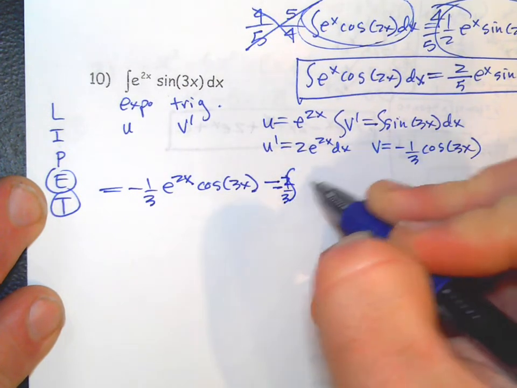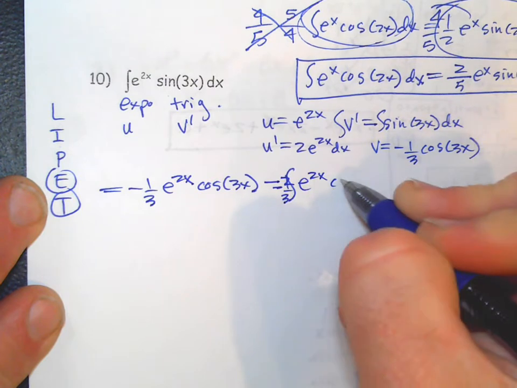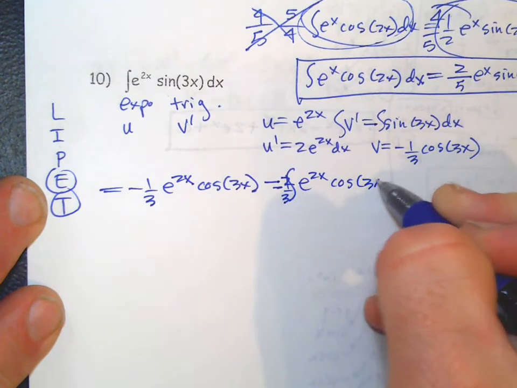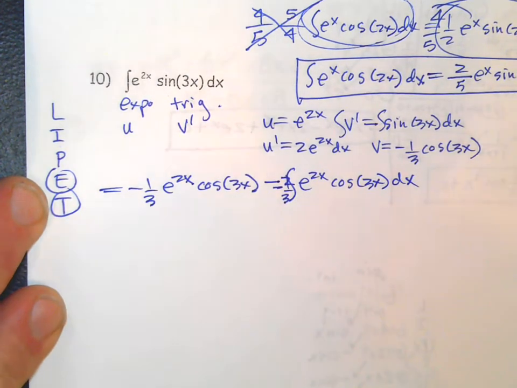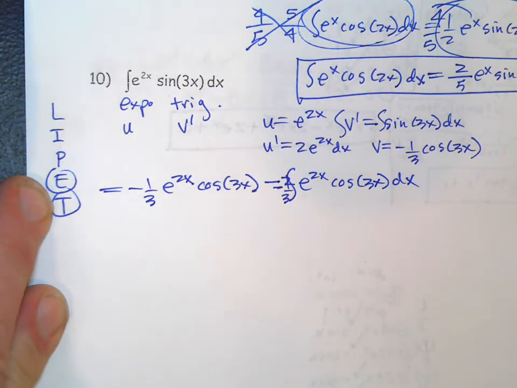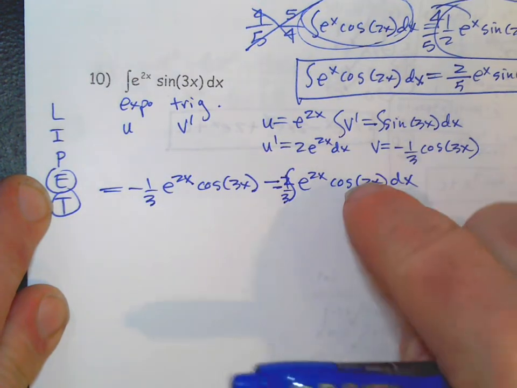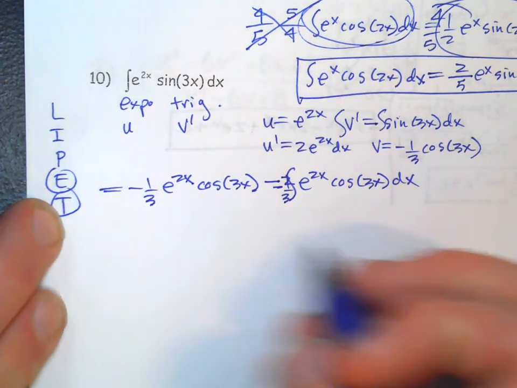I'm actually going to put 2/3 e to the 2x cosine 3x dx. And we realize we're going to get in this kind of endless loop. So our hope is let's go as far as we need to get this to match with that, and then we'll use that trick against it. But we're going to have to do it again.